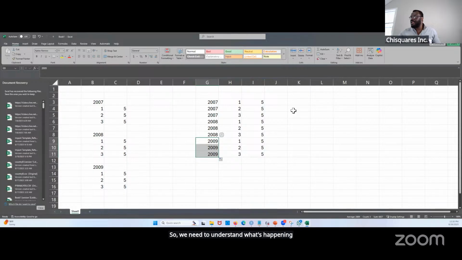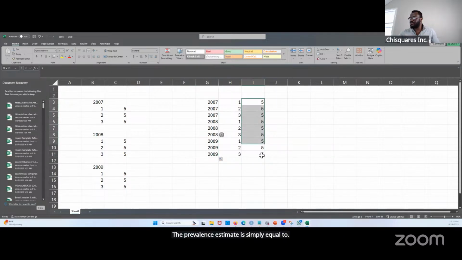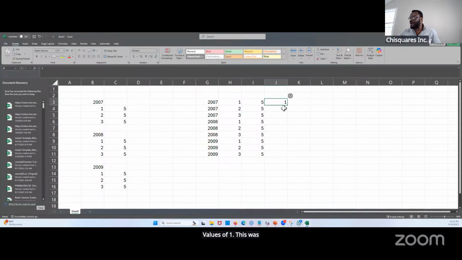And so remember we said that the prevalence estimate is simply equal to, so let's say this individual here reported values of 1. This was their responses, 1, 1, 1. Right?